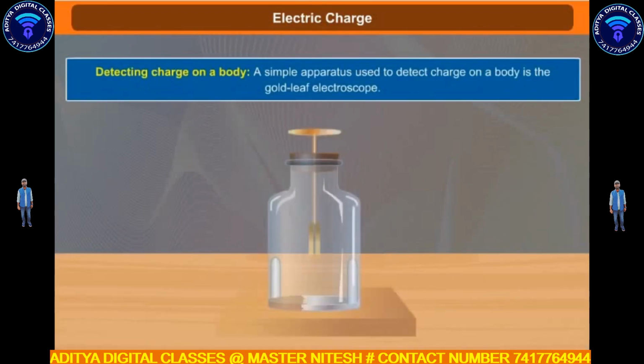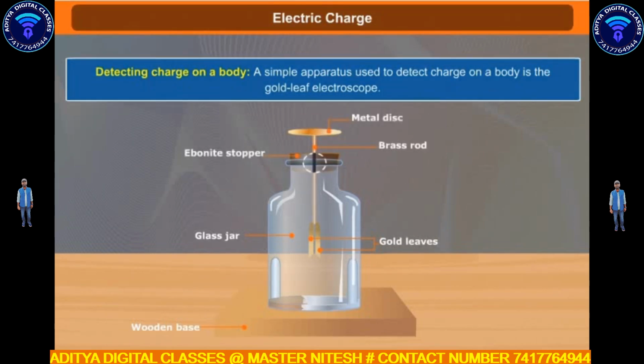Detecting charge on a body. A simple apparatus used to detect charge on a body is the gold leaf electroscope. This apparatus consists of the following: wooden base, glass jar, gold leaves, brass rod, ebonite rod, metal disc, and tin foil as cover.